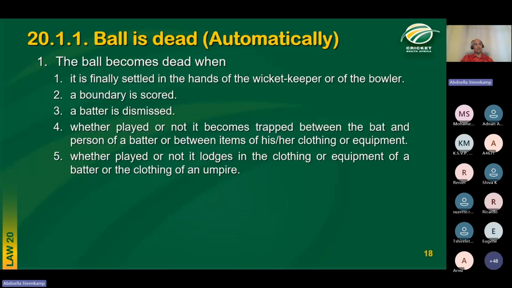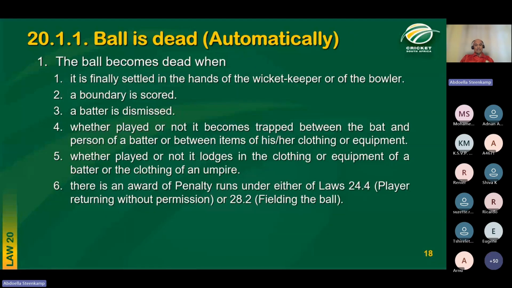We'll see in the next slide, there's actually a video, and you'll see it's international players, and many of them didn't know the law. So, good umpiring technique, when it happens, call and signal dead ball to inform everyone that the ball is now dead, even though the law tells us the ball is automatically dead.